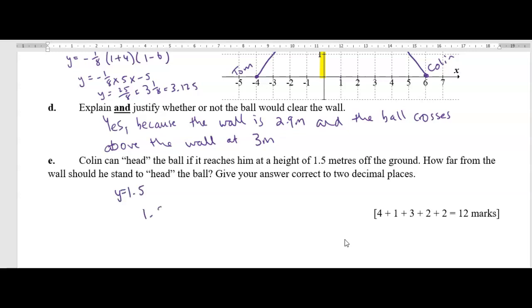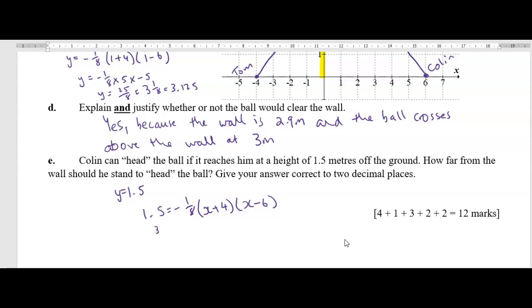So we just need to substitute that into our equation. x minus 4, no, it's x plus 4, x minus 6. Okay, so 1.5, I'm just thinking. All right, so let's bring that 1/8 over.